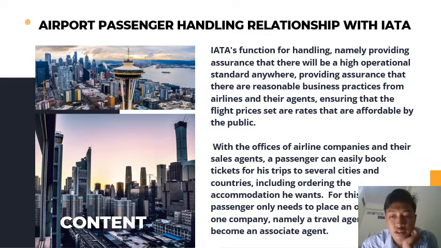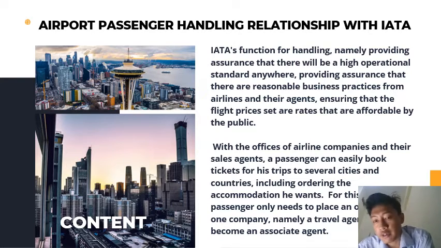And then it is the main topic, also the airport passenger handling relationship with IATA. Yes, we know about the function of IATA before. It is namely providing assurance that there will be a high operational standard anywhere and providing assurance that there are reasonable business practices from airlines and their agents, ensuring that the flight prices set are rates that are affordable by the public.